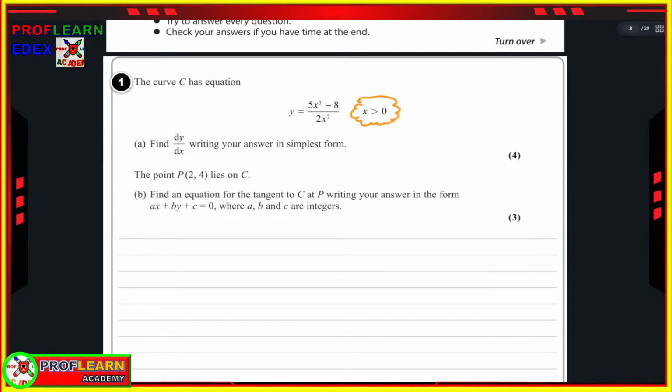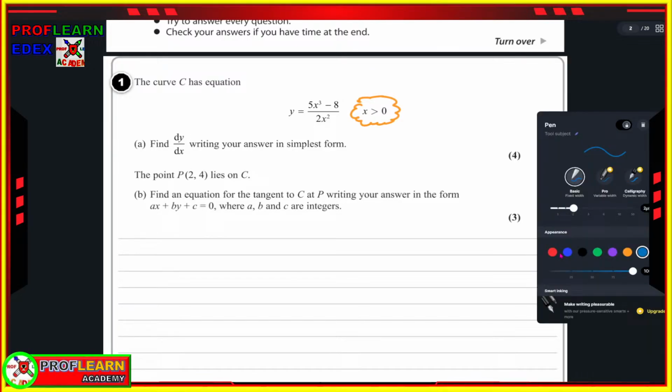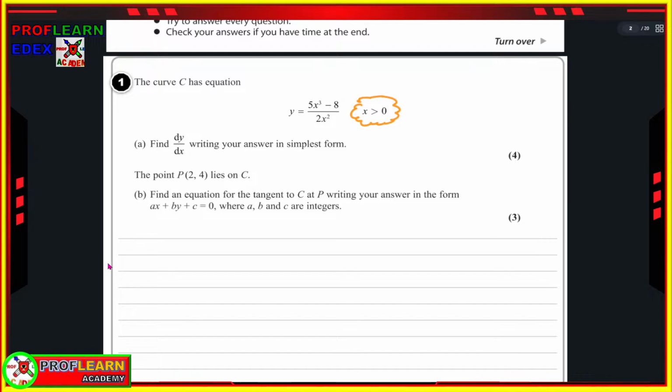The first thing we ought to do is rearrange this equation so that we can differentiate. We can write y equals 5x cubed over 2x squared minus 8 over 2x squared.